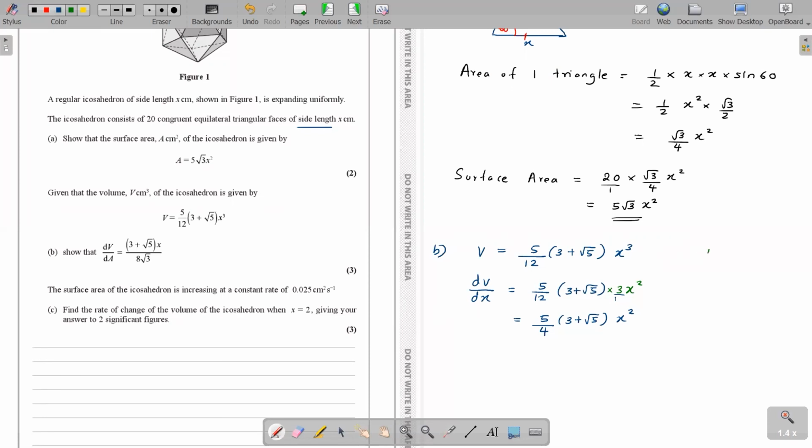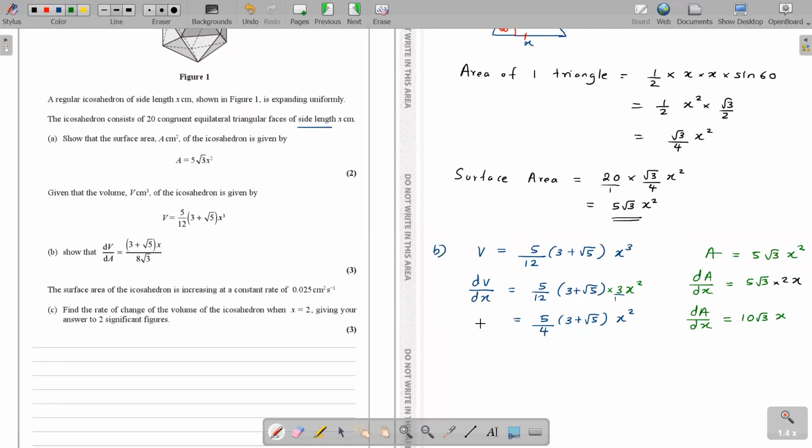Your area equation is 5 root 3 x square, which you found. So differentiate with respect to x. 5 root 3 x square differentiates to 2x, so I end up getting dA by dx equals 10 root 3 x.